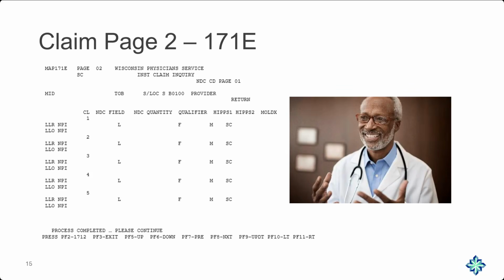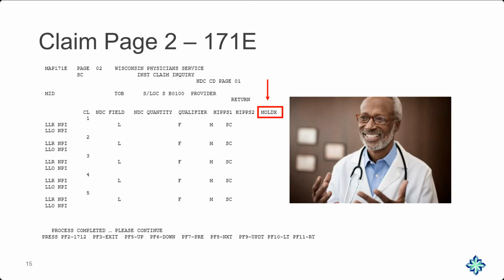We had a question that was submitted about Z code entry, and the registrant didn't state if it was ICD-10 or molecular diagnostic services that they were referring to. But if it is MolDX, you can see the field here on the right, and I've highlighted it here, is where you're going to enter that 5-character alphanumeric Z code for MolDX next to the corresponding line item for the molecular pathology service.